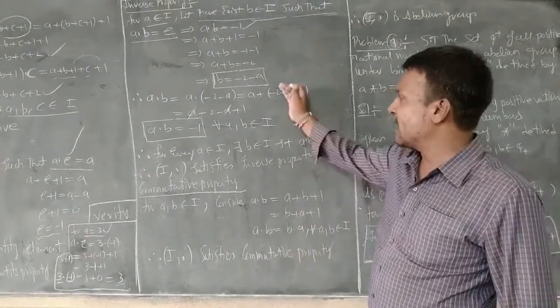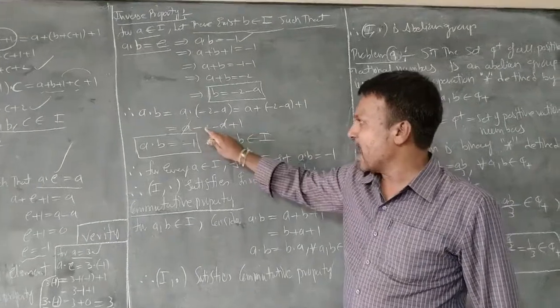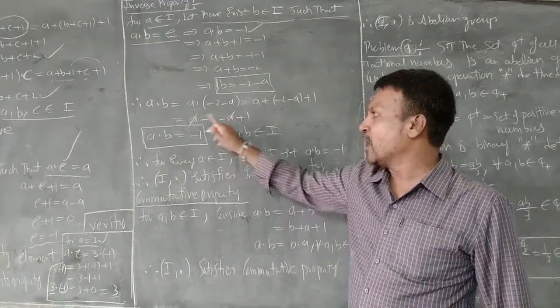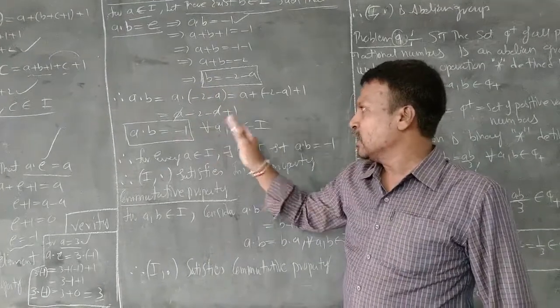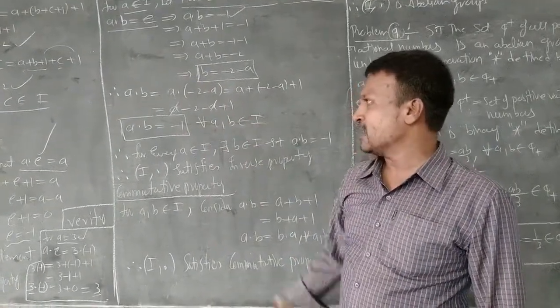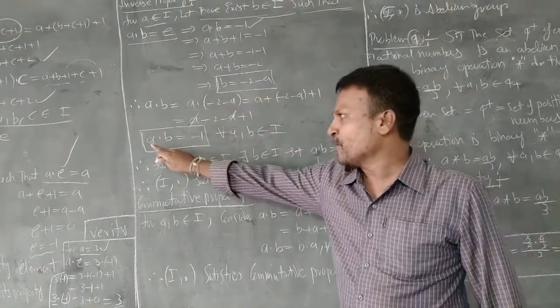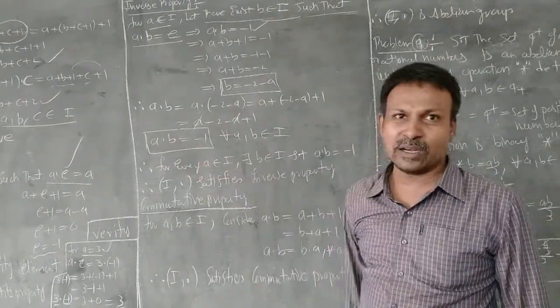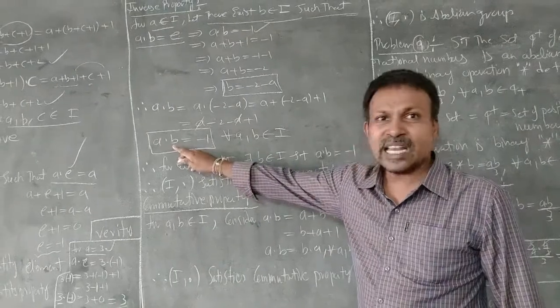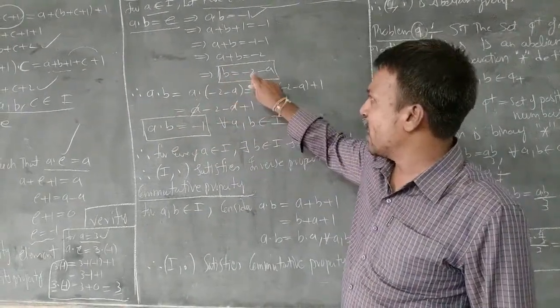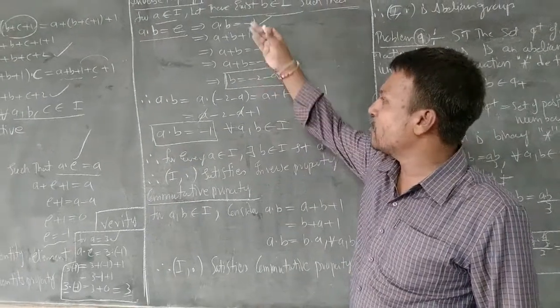If I take brackets, we get a plus minus 2 minus a plus 1. As a and minus a are additive inverses, we can cancel both a and minus a, right? Minus 2 plus 1 gives minus 1, right? Therefore, a dot b gives minus 1. As it is the inverse property, right? Therefore, definitely this b equal to minus 2 minus a is the inverse of a.